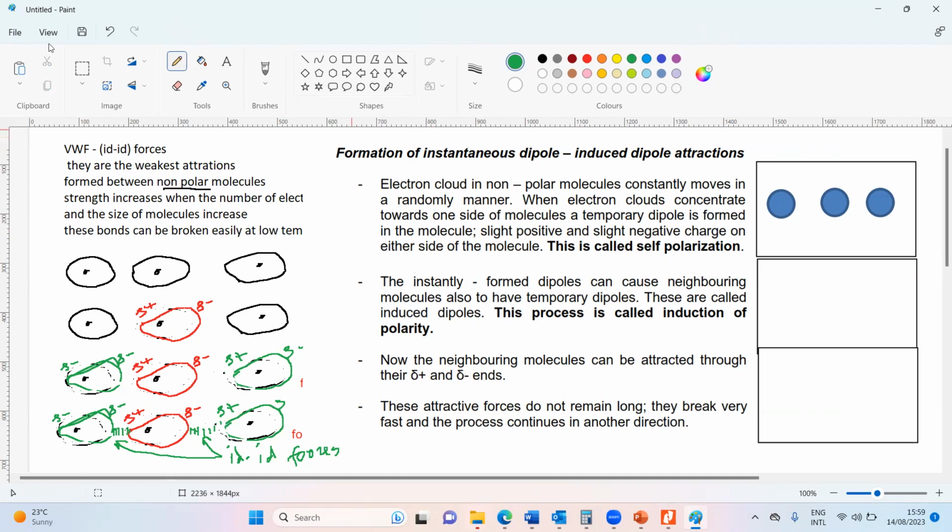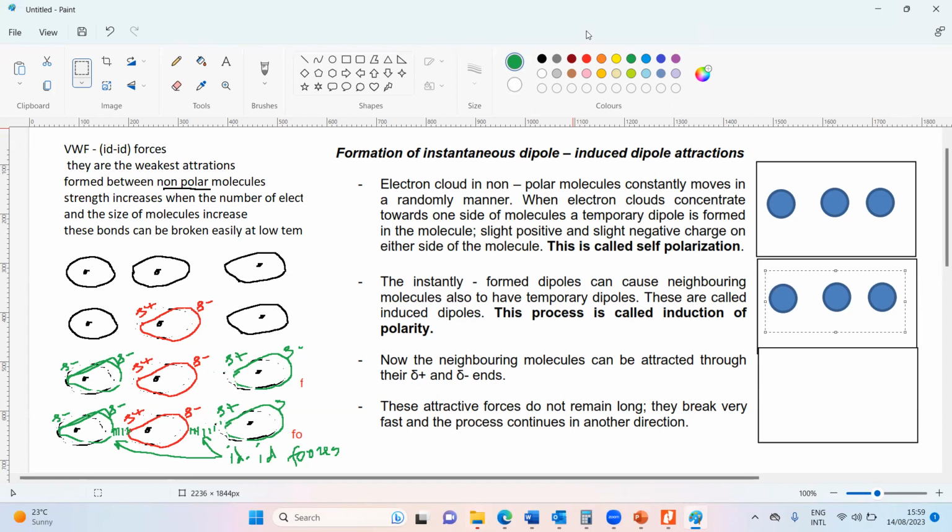We can take this whole thing. I'll take these three molecules and paste them in the next one. And then in the second diagram.